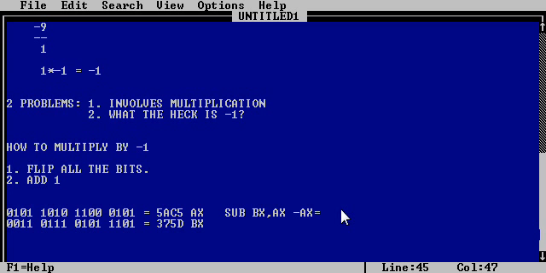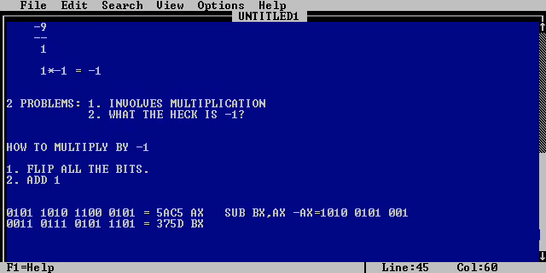Flip the bits. There goes the flipping. 0, 1, 0, 1, 0, 0, 1, 1, 1, 0, 1, 0. Then 0, 1, 0, 1.